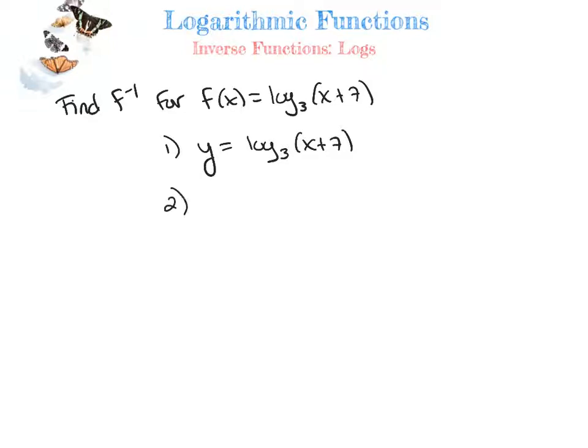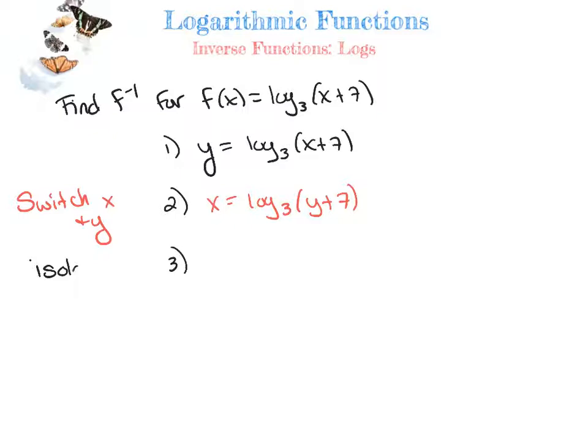The second step is the most important, and that is where we switch the x and the y. So that would turn into x equals log base 3 of y plus 7. And the third step is usually where most of the difficult math comes in. That's where we're going to isolate the new y.